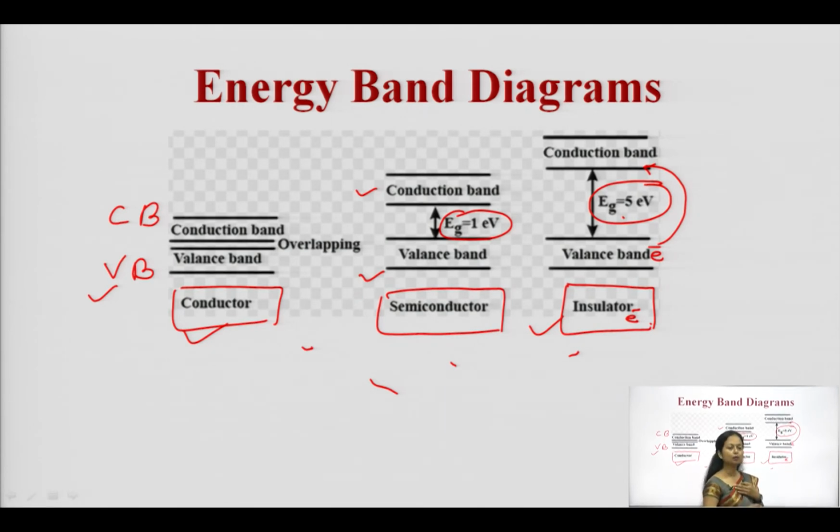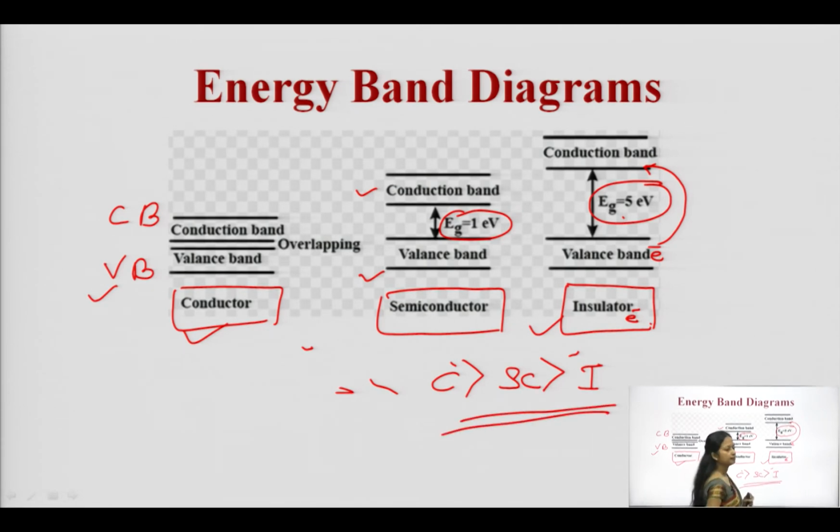So, in the case of the insulators, it is very difficult for the electrons to move from the valence to the conduction band and participate. It means if you compare all these three, conductors, semiconductors and insulators, then the conductivity of conductors is high in comparison to semiconductors and semiconductors in comparison to the insulators. So, accordingly you can understand its behavior.